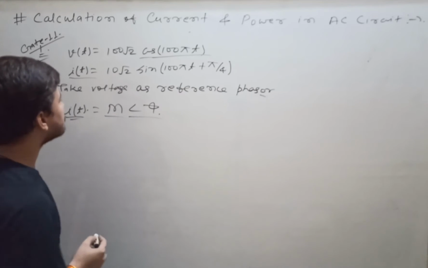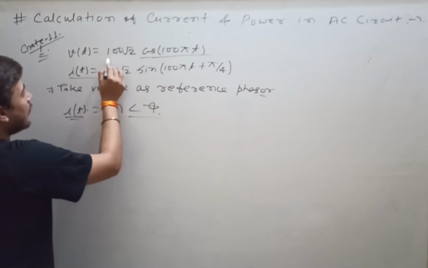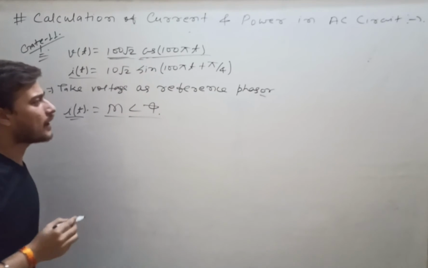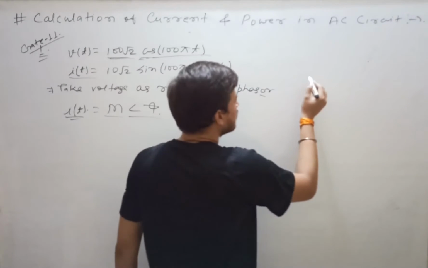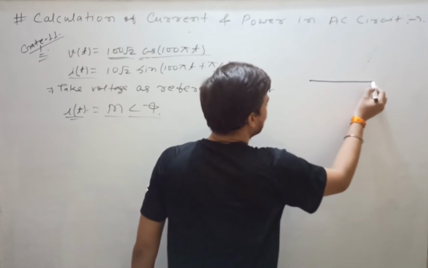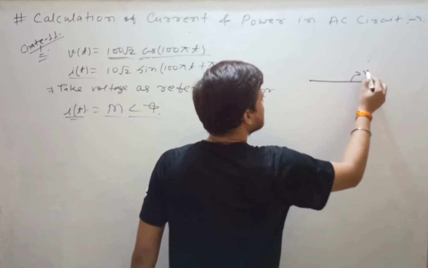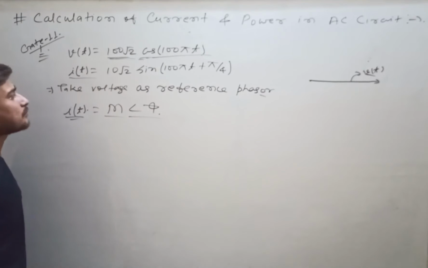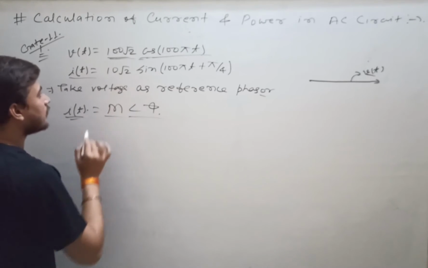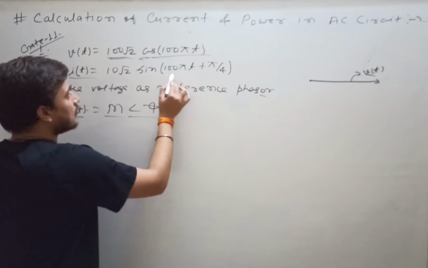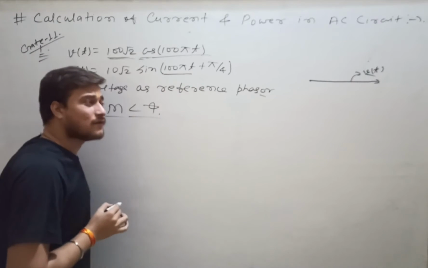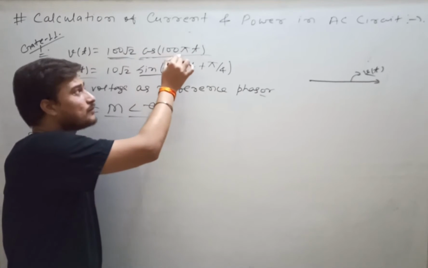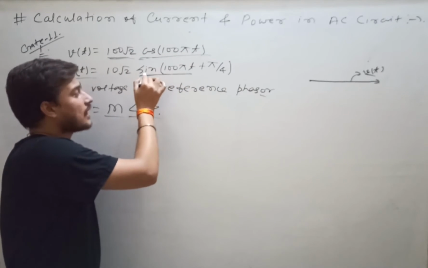See here, it is given Vt equal to 100 root 2 cos 100 pi t. So take voltage as the reference. So this is your voltage axis. Now the current is 10 root 2 sin(100 pi t plus pi by 4). Here it was cos 100 pi t, here sin 100 pi t.